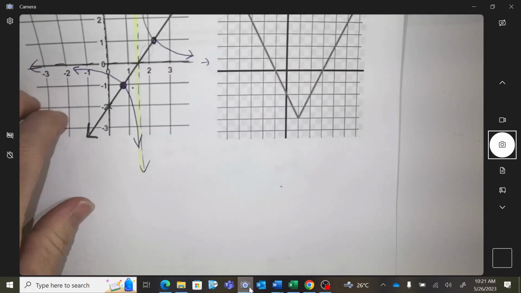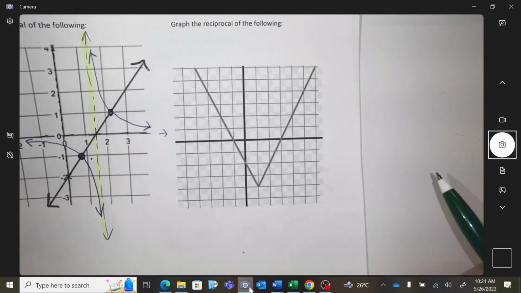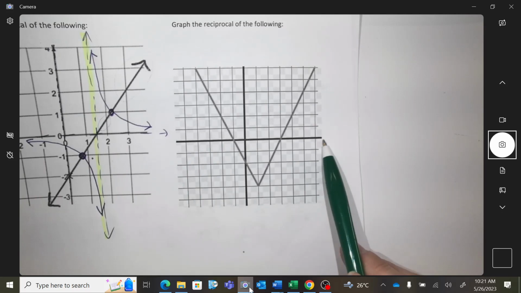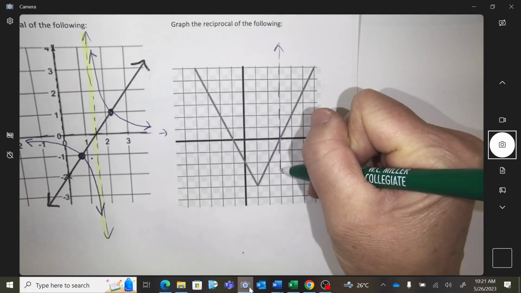Okay, and the next one. Okay, first step, where do you see a height of 0? Height of 0, right here. There's actually 2, right?